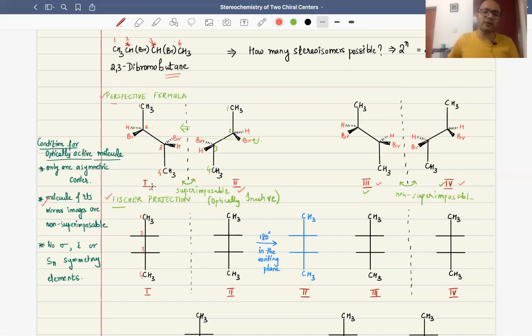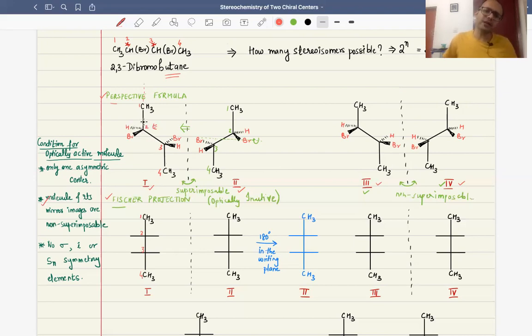Now, the next thing is to understand how the substituents are attached. So the way we did in all the conversions, the same thing we are going to do. Initially, in order to understand, we will consider each of the stereocenters separately and draw the corresponding Fischer projection formula. So let's consider first the stereocenter located on carbon number 2.